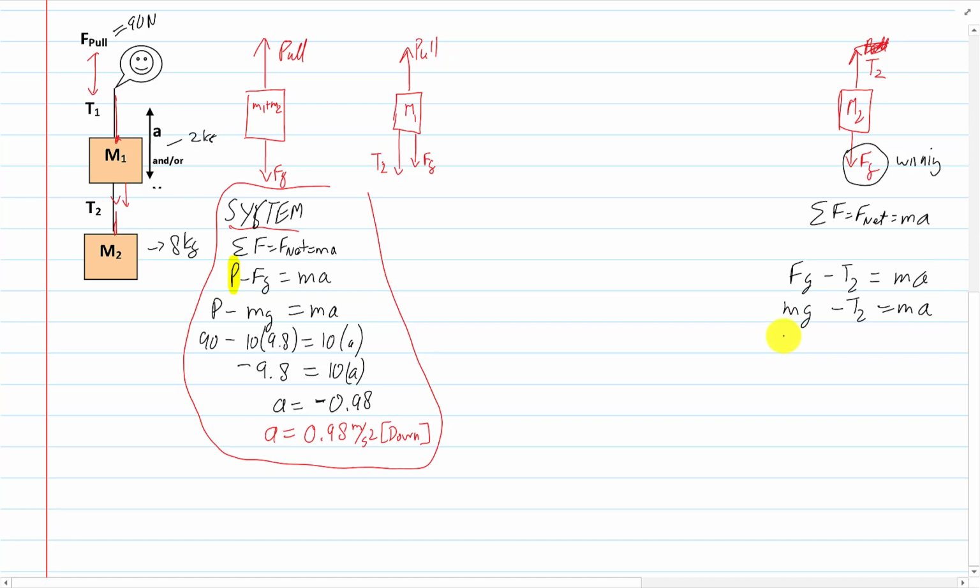And this is going to be 8 kilograms times 9.8 minus T2 is equal to 8 times 0.98. So this is going to bring the T2 over there. It's going to be T2 is equal to 8 times 0.98. And that's going to be a negative. And I'm going to add 8 times 9.8.